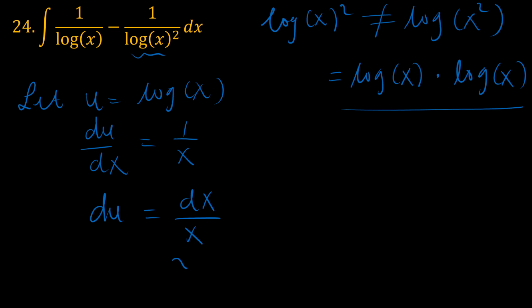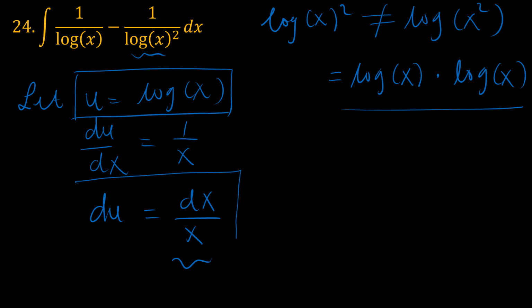So this is the first step. The important thing is we've substituted u for natural logarithm of x, and then we'll have to substitute du for dx over x, and that will make things a little bit more tractable.